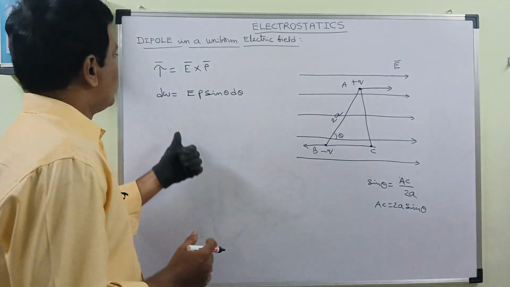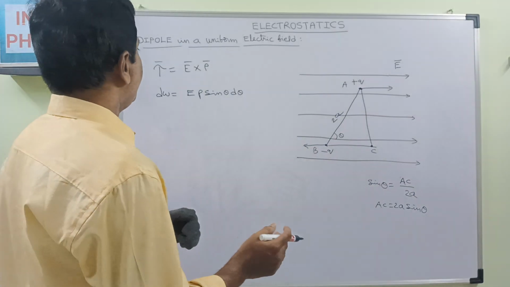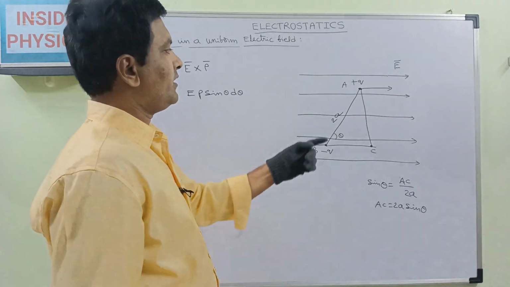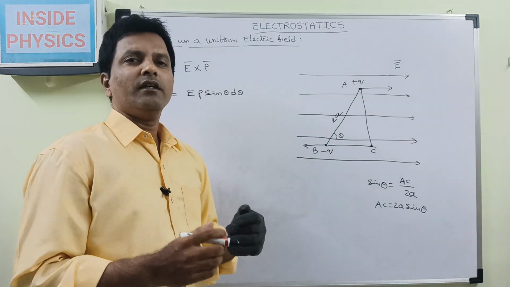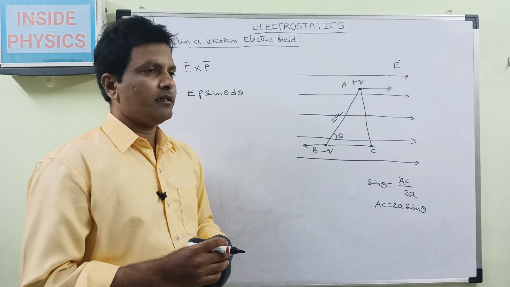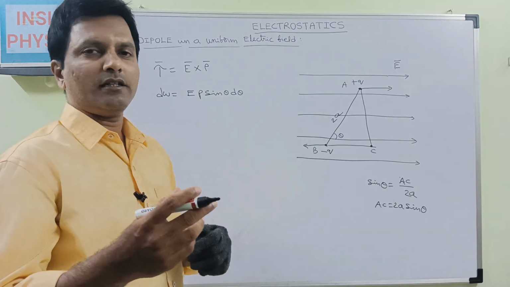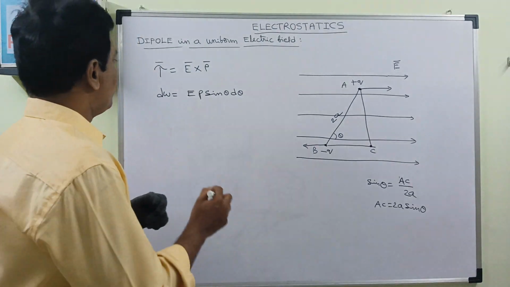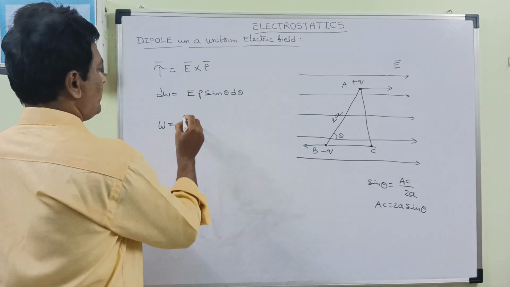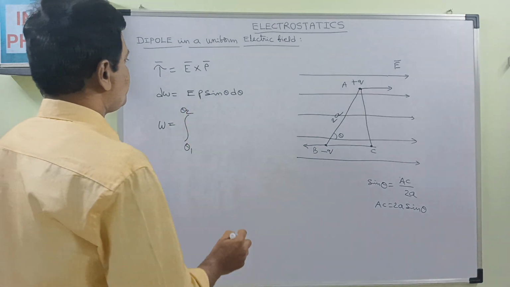So here the total work done will be taken as, we will integrate this one between the limits theta 1 and theta 2. Why means, we are considering that the dipole will be rotated between theta 1 and theta 2. So that's why we will integrate this one between the limits theta 1 and theta 2.